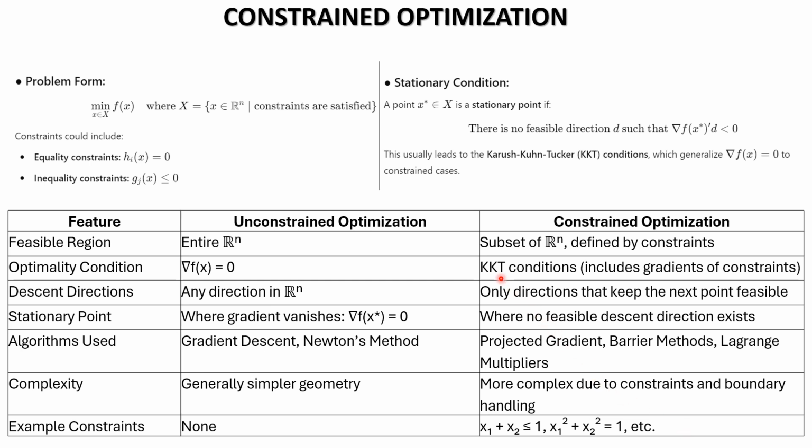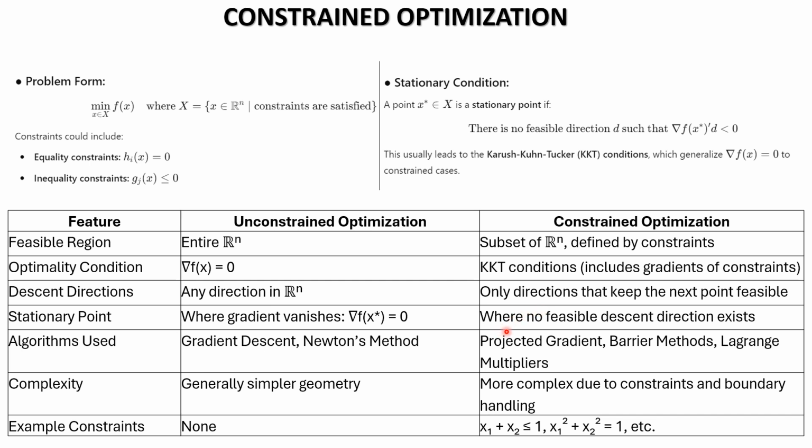The feasible region for constrained optimization is a subset of Rn defined by constraints. For the optimality condition, we can consider the Karush-Kuhn-Tucker conditions, which include gradients of constraints. For unconstrained optimization, the gradient just equals 0. For constrained optimization, a descent direction is only a direction that keeps the next point feasible.